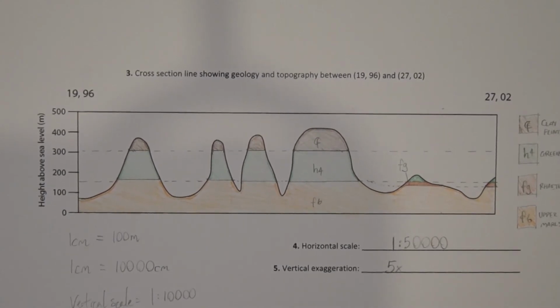I think for a first attempt at a cross section, admittedly for quite a simple place with simple stratigraphy, we can be pretty proud. Hopefully you guys, when you come to do this, you'll have something similar. But if not, feel free to re-watch this video as many times as you need until you get it down.